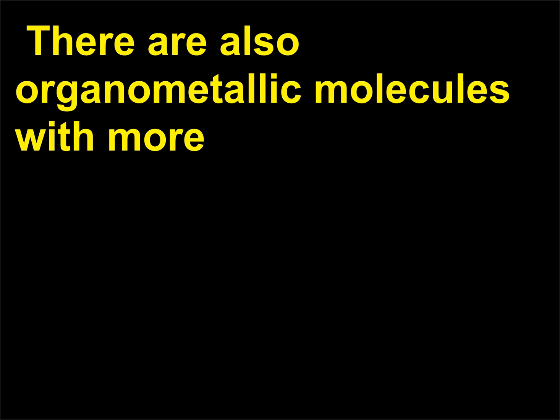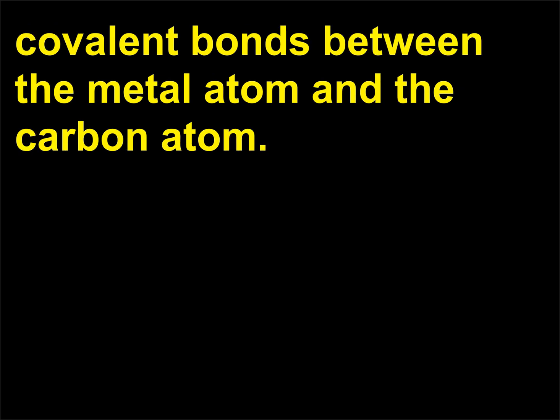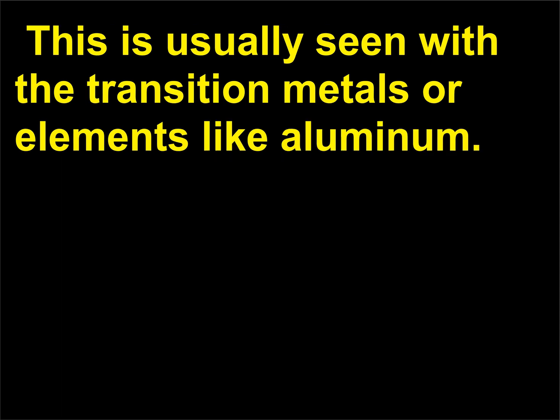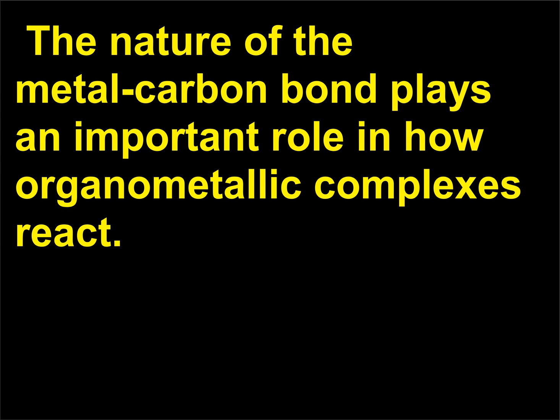There are also organometallic molecules with more covalent bonds between the metal atom and the carbon atom. This is usually seen with the transition metals or elements like aluminum. The nature of the metal-carbon bond plays an important role in how organometallic complexes react.